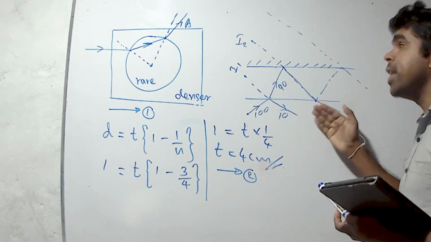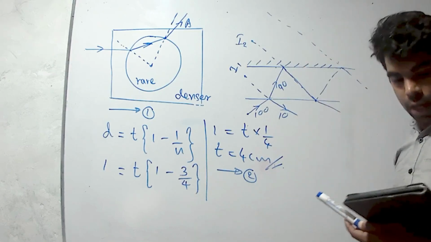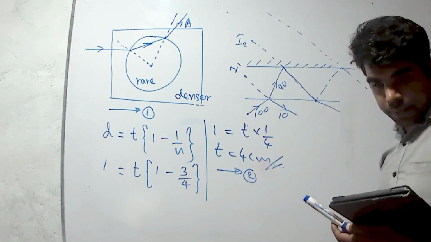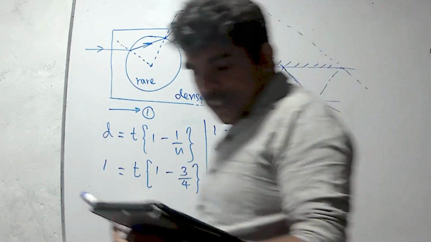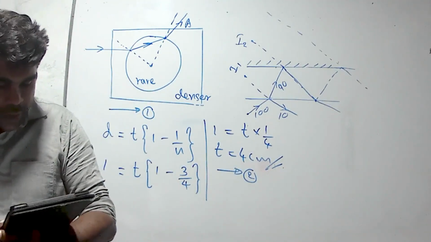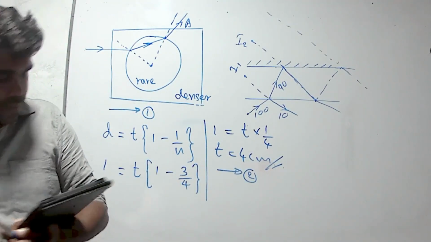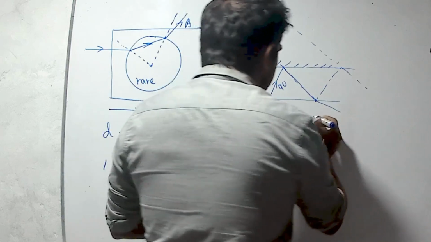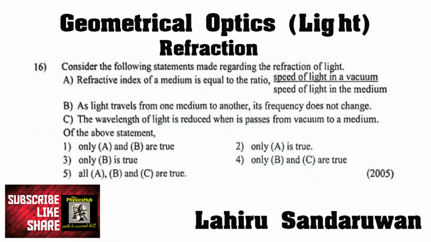It has a lower intensity than I2. Then we can get that I2 is the brightest and the intensity of images I3, I4 decreases gradually. Answer is 2. 17. Consider the following statements made regarding the refraction of light.